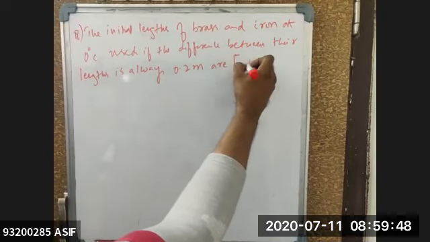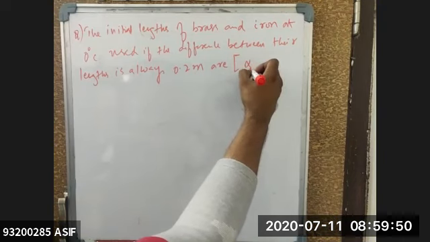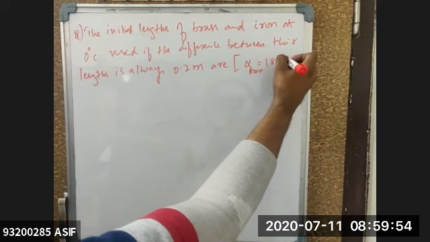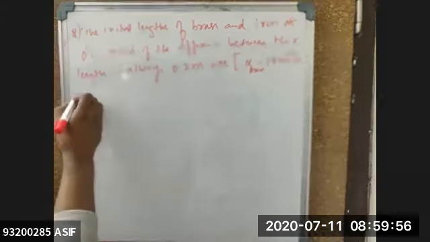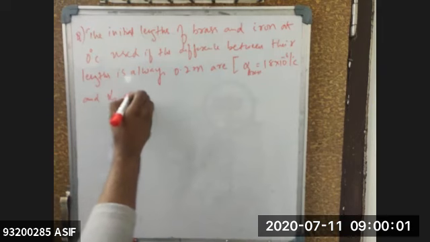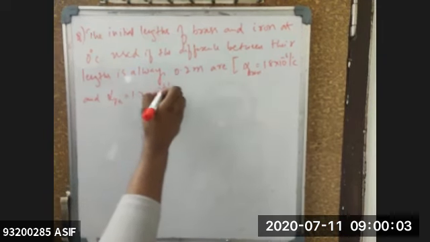In the bracket, alpha of brass is 18 into 10 to the power of minus 6 per degree centigrade, and alpha of your iron is equal to 12 into 10 to the power of minus 6 per degree centigrade.